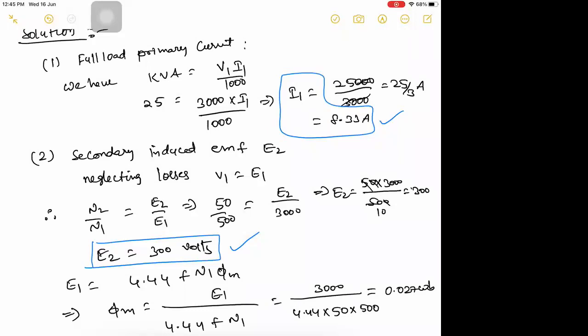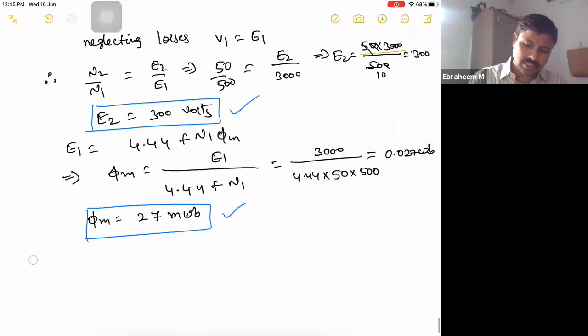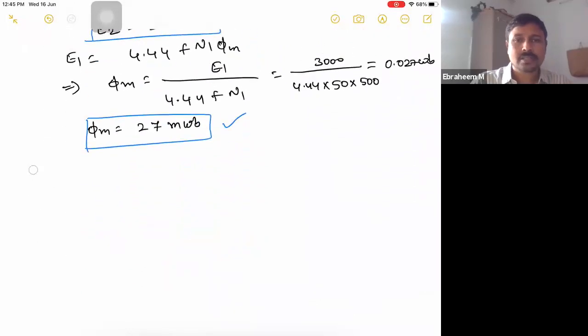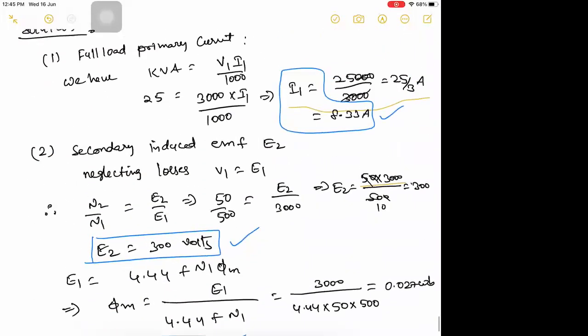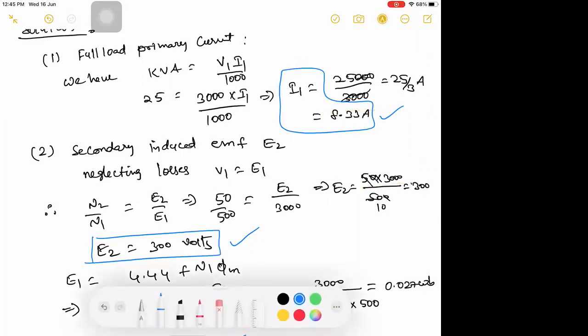Sir, one minute, please. So this is how we have to solve simple problems on transformer. Is it clear? Sir, we forgot to calculate I2, the full load secondary current, in the first question.